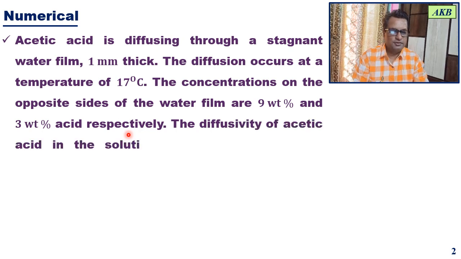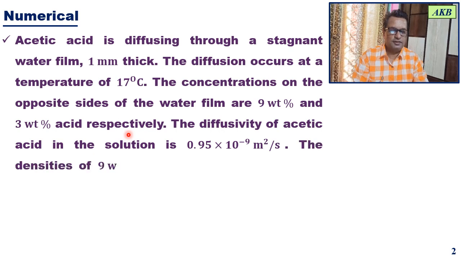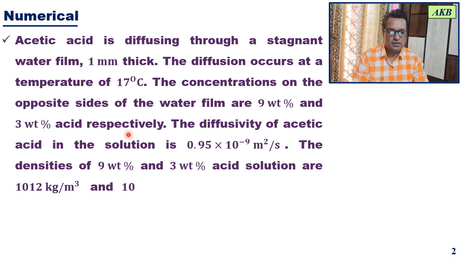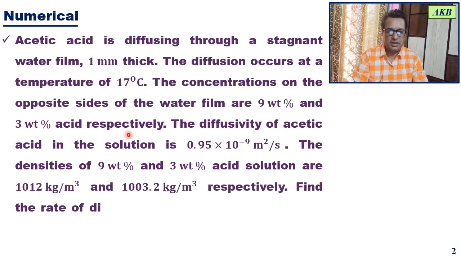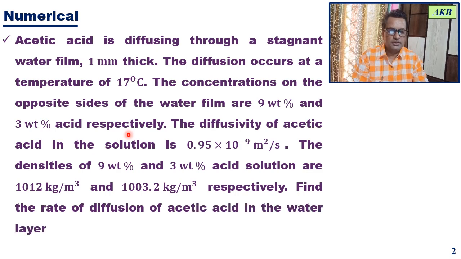The diffusivity of acetic acid in solution is 0.95 into 10 to the power minus 9 meters square per second. The densities of 9 weight% and 3 weight% acid solution are 1012 kg per meter cube and 1003.2 kg per meter cube respectively. Find the rate of diffusion of acetic acid in water layer.